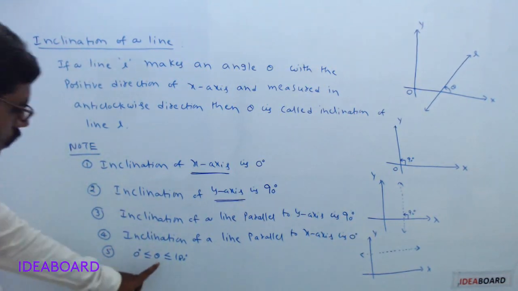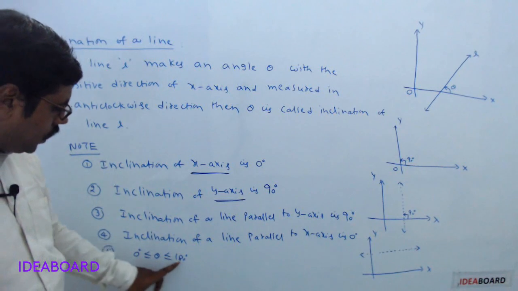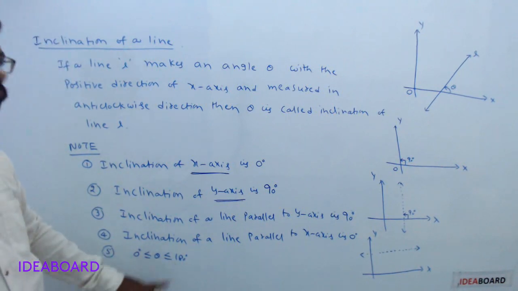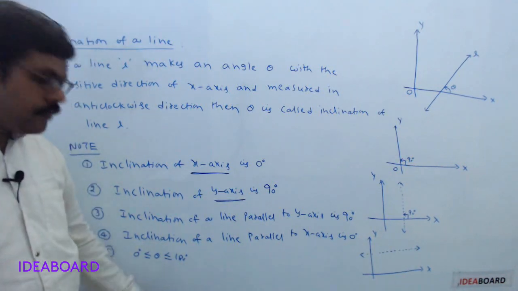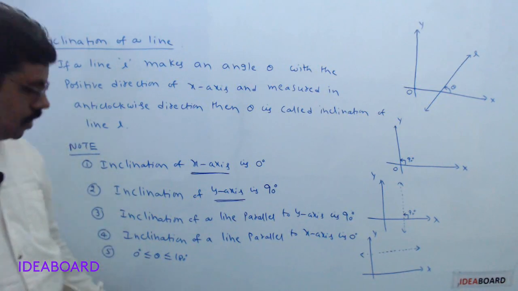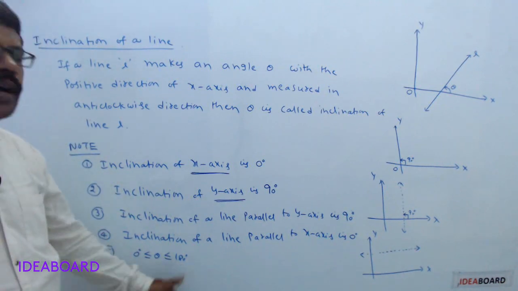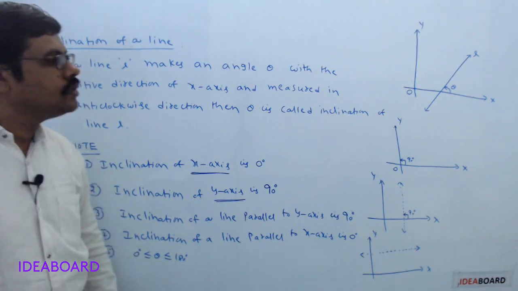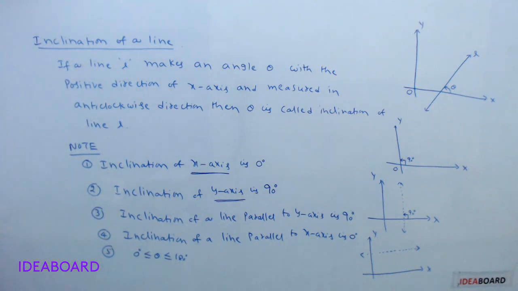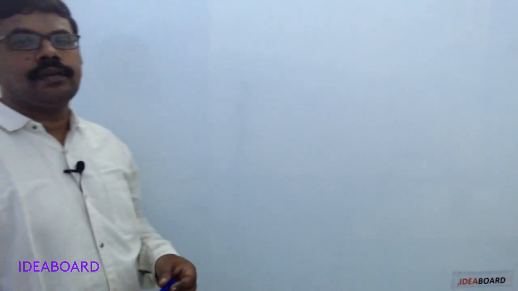So, range of theta is closed interval 0, 180 degrees. Now, come to the next concept, slope of a line.